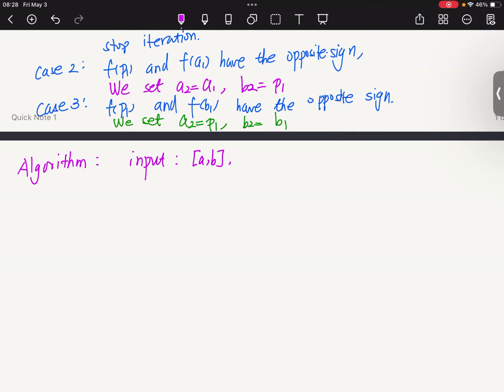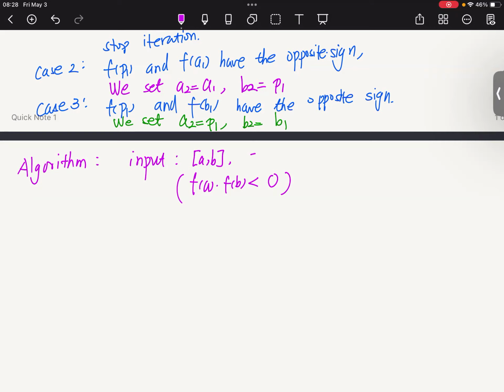And you need to double check first, at the very first, that your f(a) times f(b) is smaller than 0, or the sign of f(a) and the sign of f(b) are different. And this is the first input.